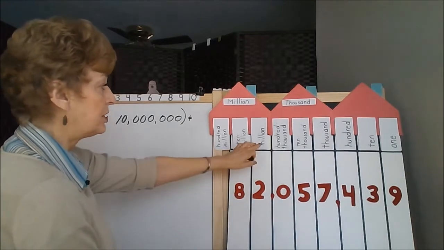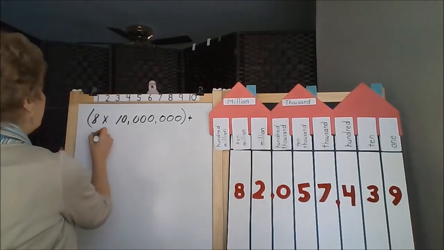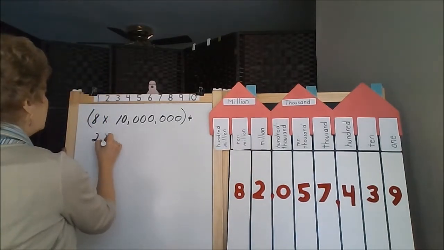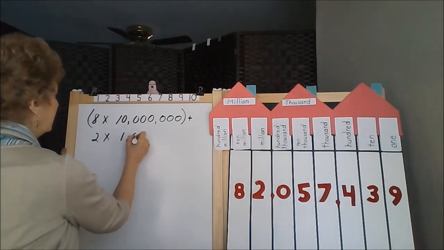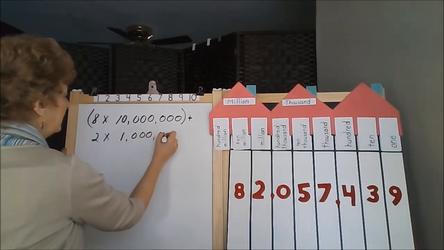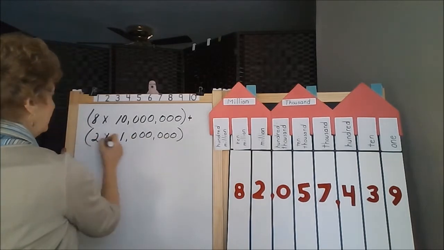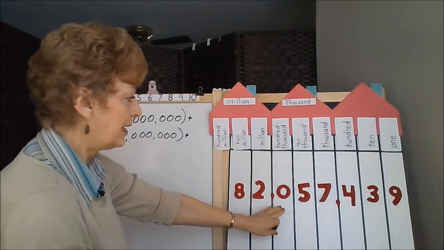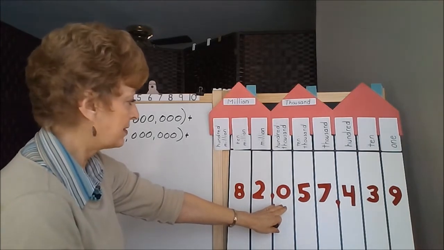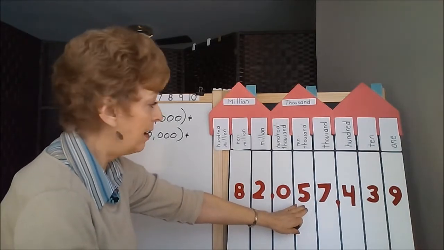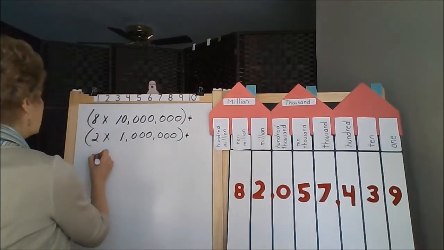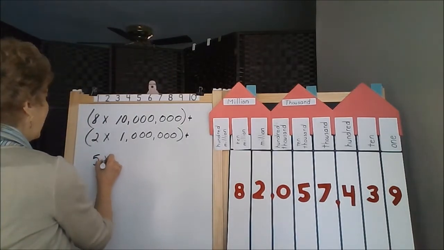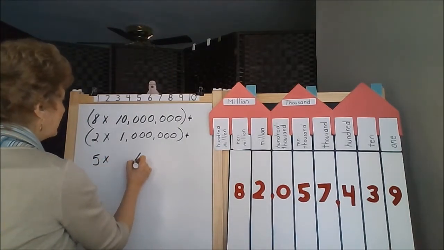Plus 2, which is in the millions column, we would have to multiply 2 times 1 million. There isn't any number in the hundred thousands column, so we can skip that. 5 is in the 10,000s column, so it would be 5 times 10,000.